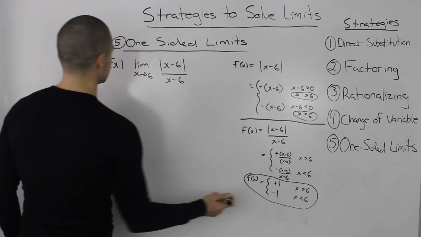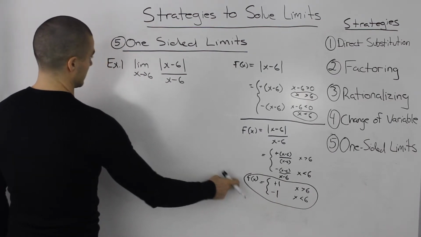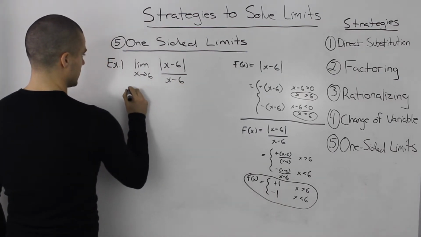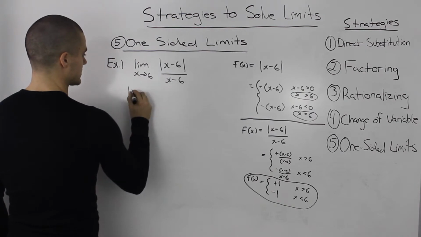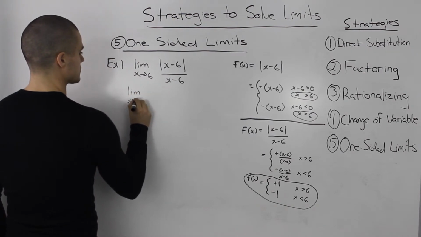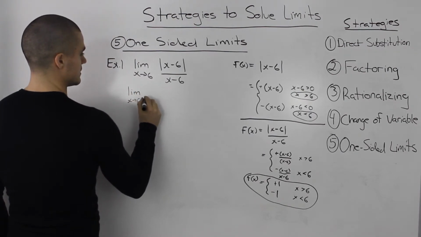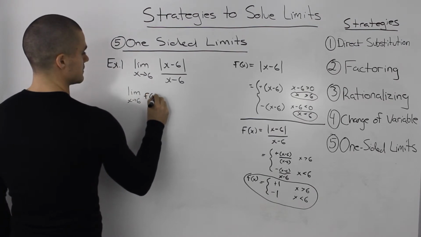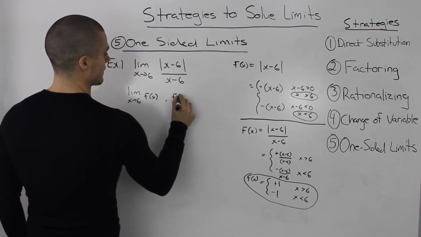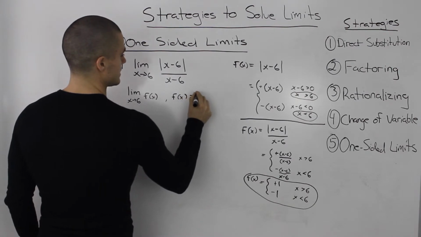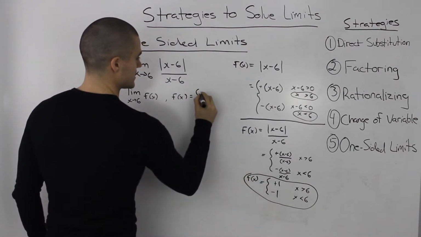Taking this simplified function, we can rewrite the limit: the limit as x goes to 6 of f of x, where f of x is equal to this piecewise function.